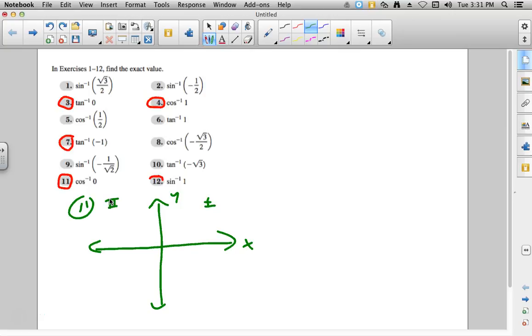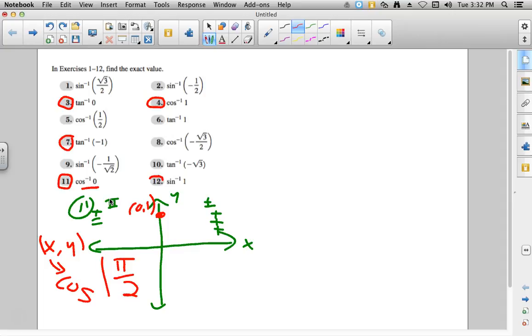But we're really interested in where the x-coordinate is going to be 0, because with cosine, remember (x, y), the x is always the cosine. So we're looking around for a place to put this where we'll have 0 for x, and that's a quadrantal angle right here. This will be (0, 1). And then we realize, well, that's pi over 2. So pi over 2 will give us what we need there.